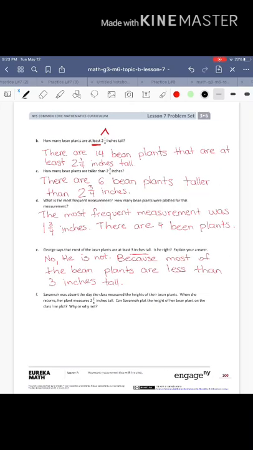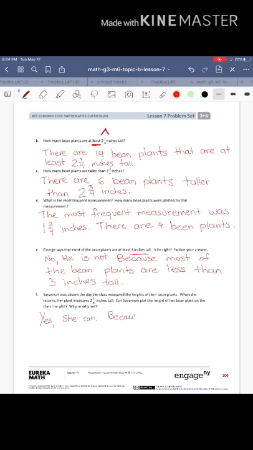Okay, let's see what they're asking us, and we finish answering this question. Savannah was absent the day the class measured the heights of their bean plants. When she returns, her plant measures 2 wholes and 2/4 inches tall. Can Savannah plot the height of her bean plant on the class line plot? Yes or no? So our answer is yes, she can.